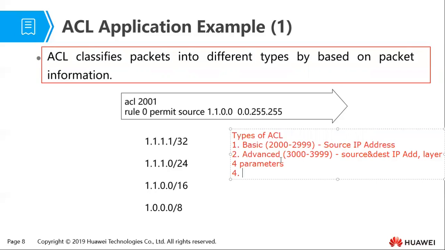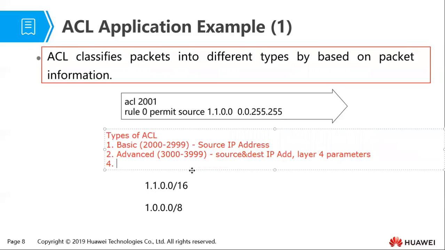Then at number 3, we have what we call the layer 2 ACLs, which use the MAC address, with a number between 4000 all the way to 4999. This one is based on MAC address.